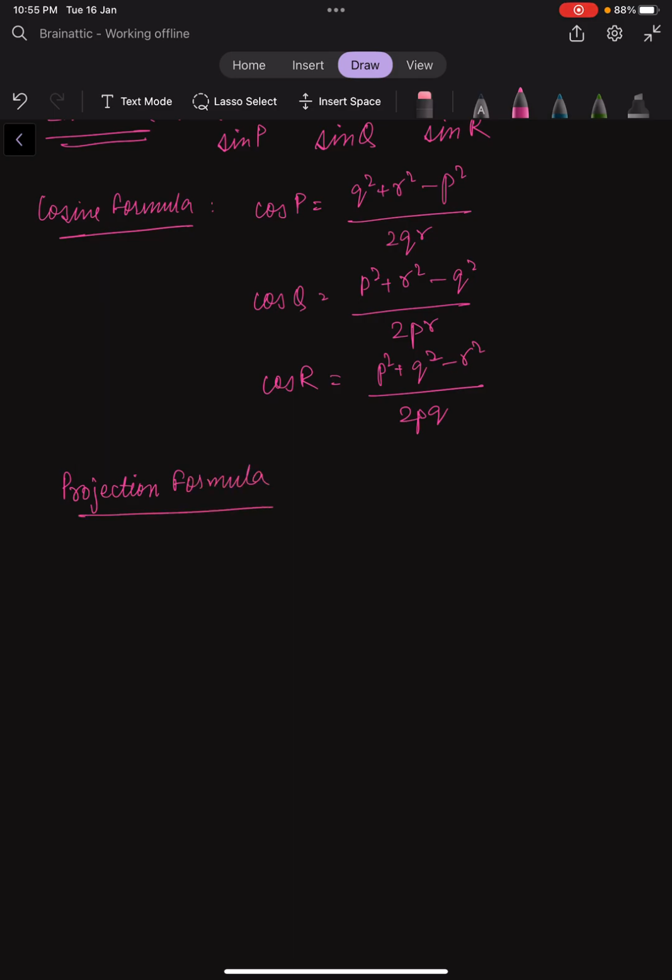So what is the projection formula? That is small p is equal to q cos R plus r cos Q. Similarly, r is equal to q cos P plus p cos Q, and q is equal to p cos R plus r cos P.